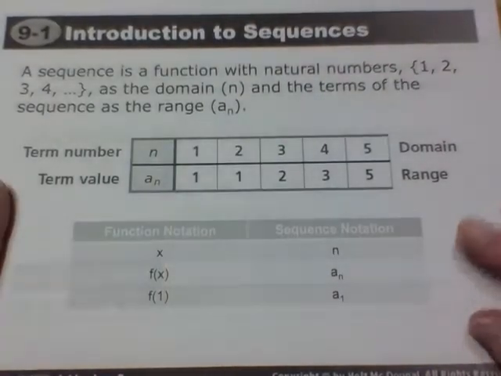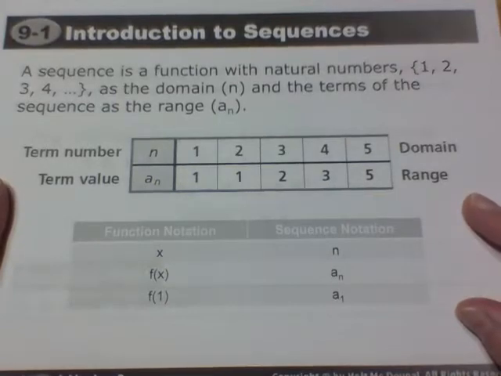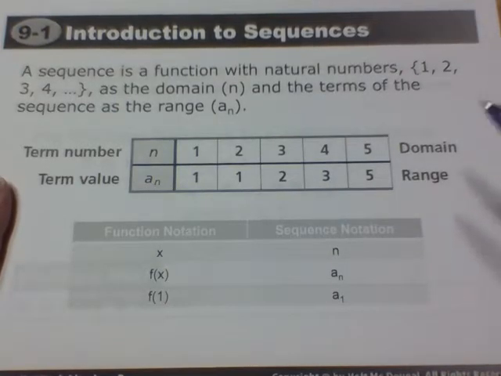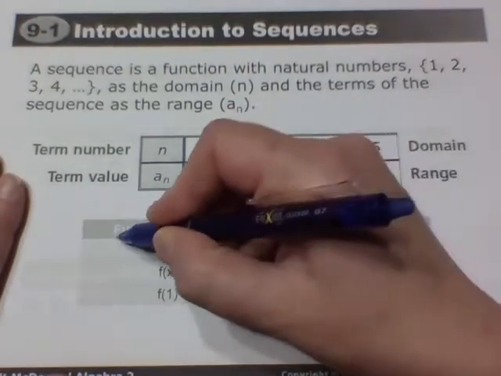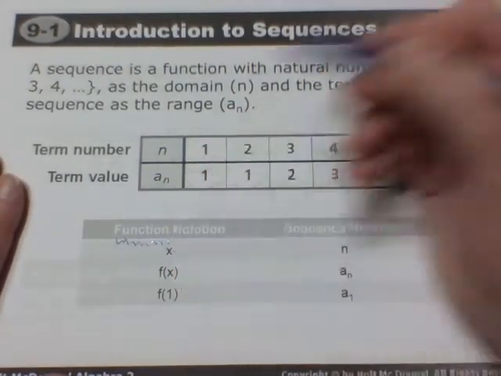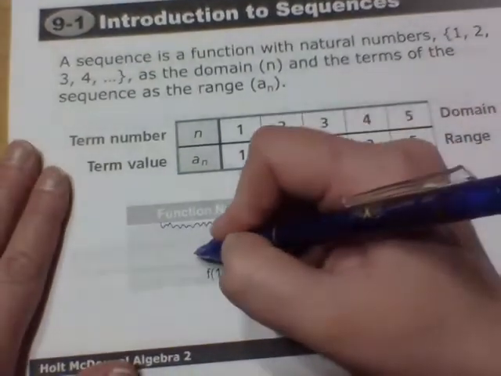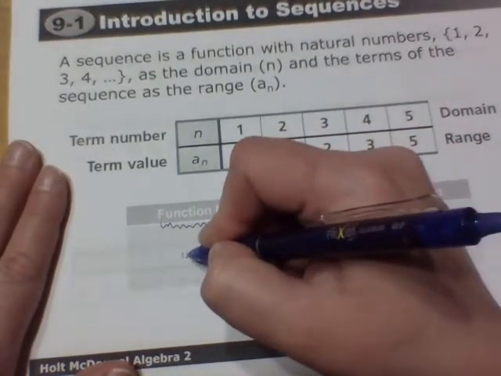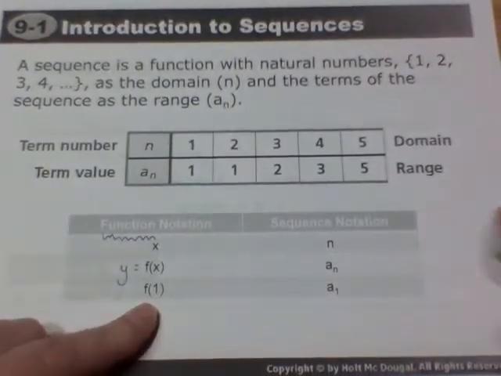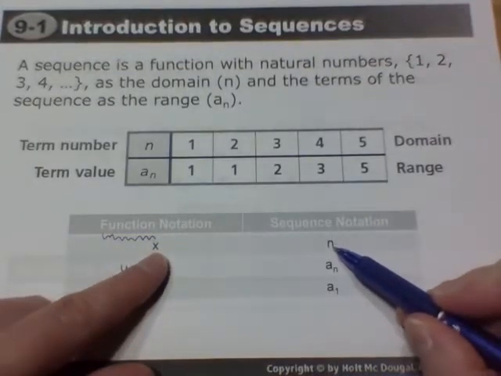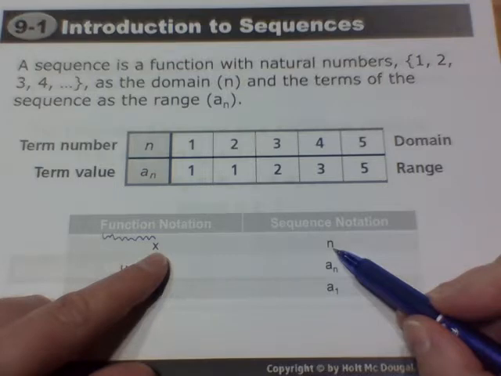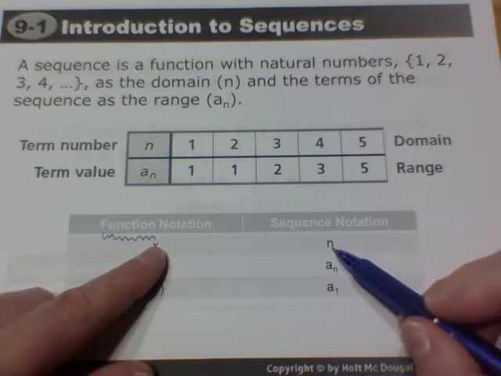Alrighty. Then we have our introduction to the notation of functions, sequences. We have had functions in the past, and we've even had this as the letter y. But it turns out that instead of our normal independent variable x, we're now going to have an n.